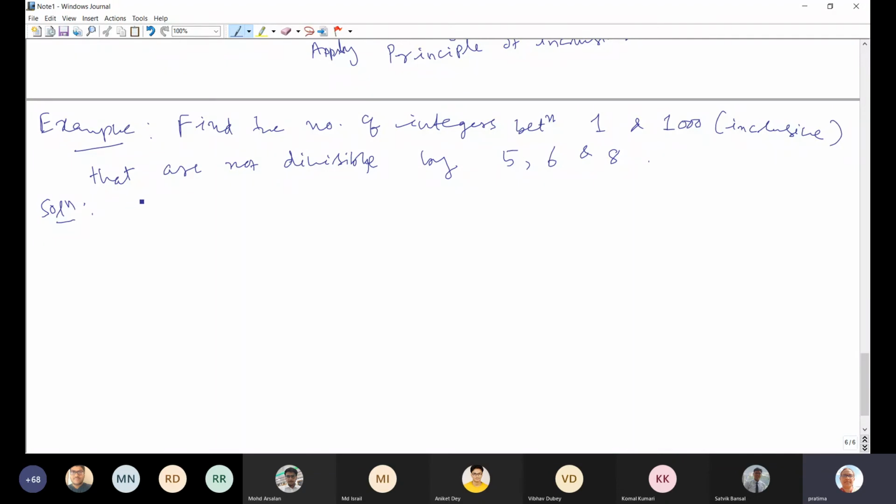So what we can take is this: you have three properties. P1 is divisible by 5, P2 is divisible by 6, and P3 is divisible by 8.